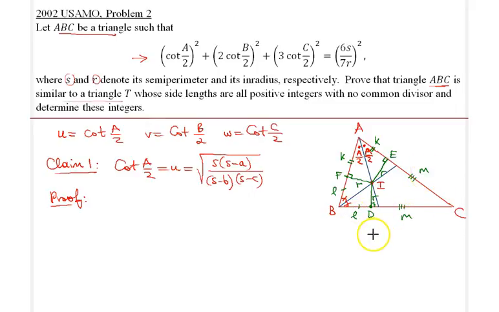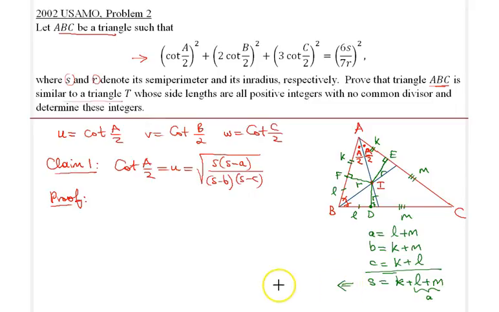So therefore, line segment a, for instance, would be equal to L plus M. Line segment b would be K plus M. And finally, c would be K plus L. And also remember that the semi-perimeter is simply K plus L plus M. In this case, L plus M was a, so therefore, as a result, we can easily establish that K here is simply S minus a, and that's what I really wanted.